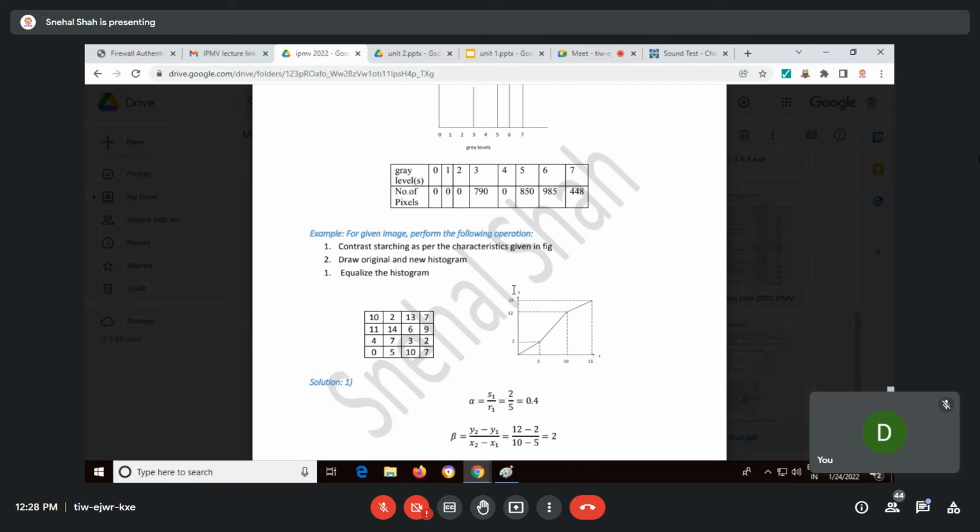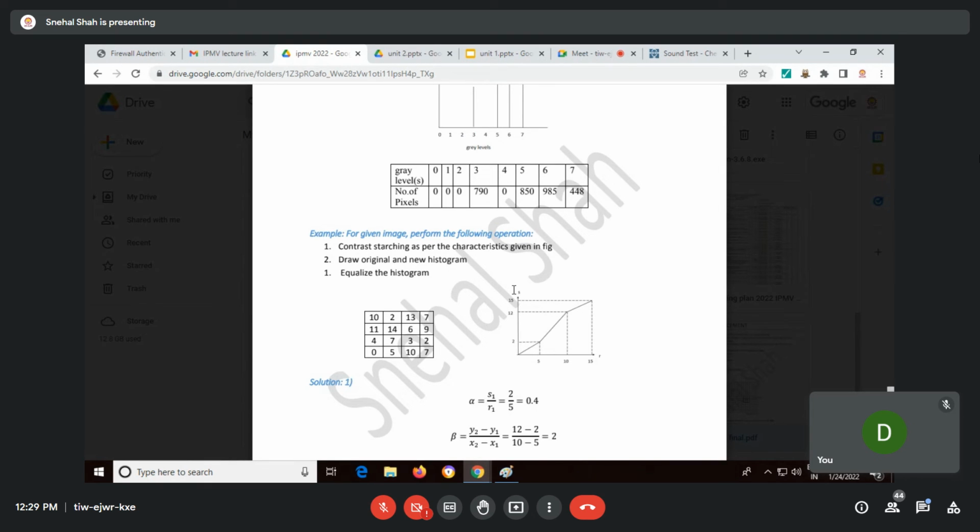So for 0 to 15, first for 0, write down the number of pixels. How many times is 0 present in the table? 1 time, so write 1. How many times is 1 present? 0 times, so write 0.